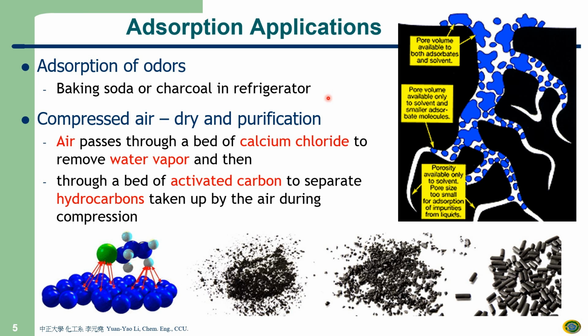Then use activated carbon for the second process. So calcium chloride adsorbs A material, activated carbon adsorbs B material. So you can have different stages, stage 1, stage 2, stage 3, to adsorb different types of molecules or atoms.